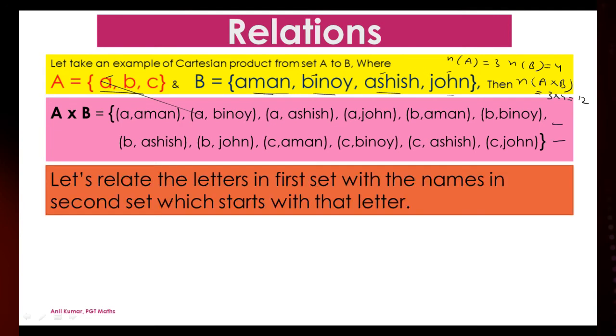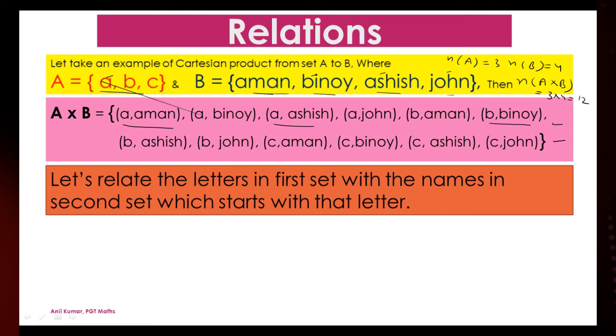Okay. Now let's relate the letter in the first set with the names in the second set which start with that letter. Aman starts with a, Ashish starts with a, and Binoy starts with b. No other pair can be seen.